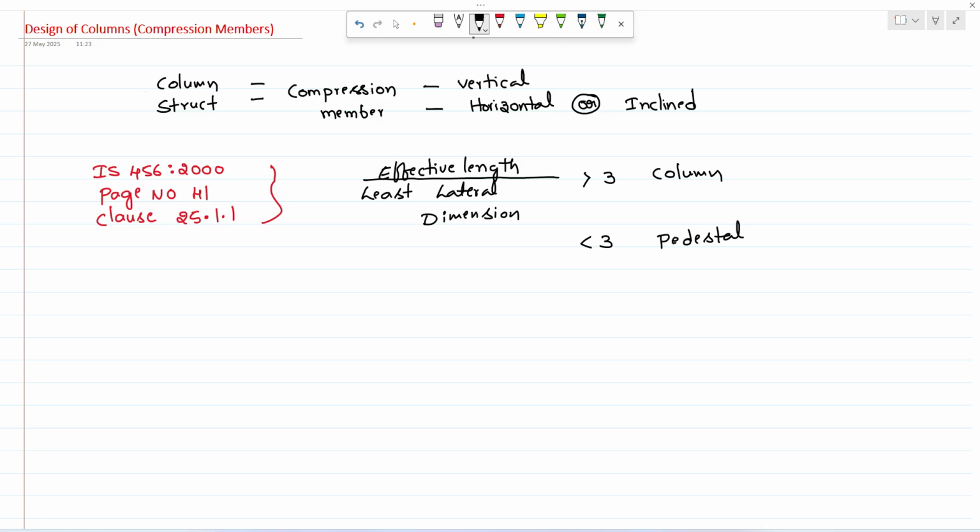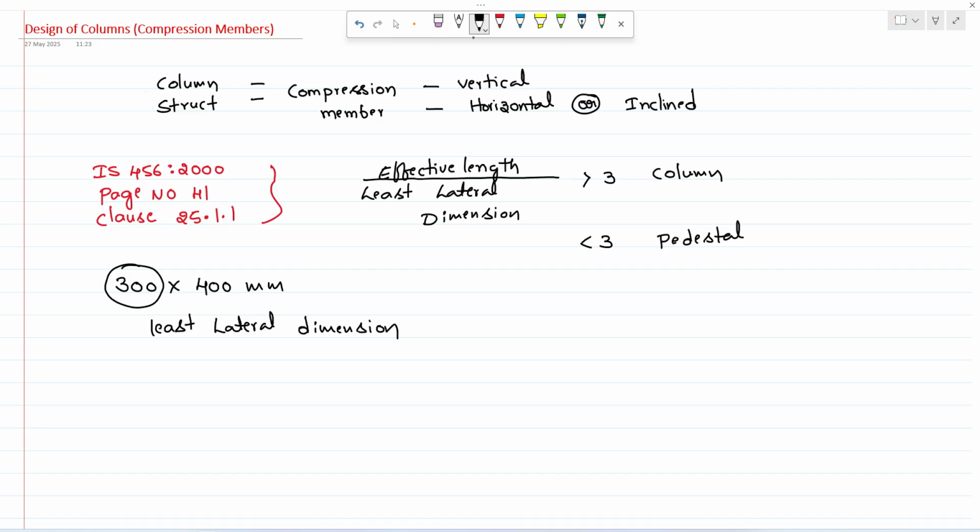For example, in a rectangular column, you have size 300 by 400 mm rectangular column. The least lateral dimension is 300 mm. So this will be your least lateral dimension.